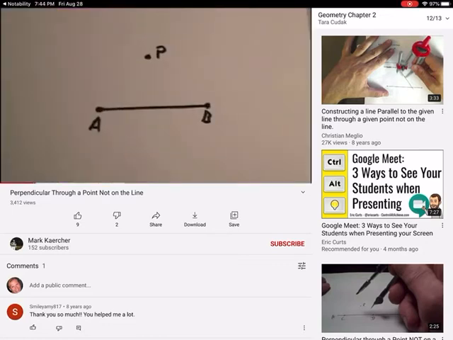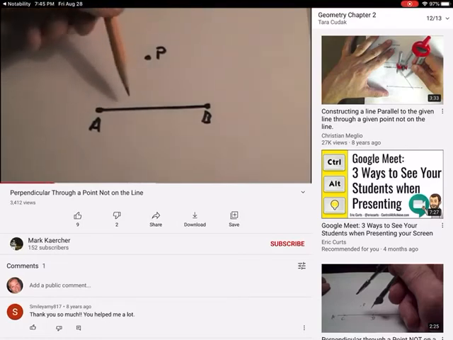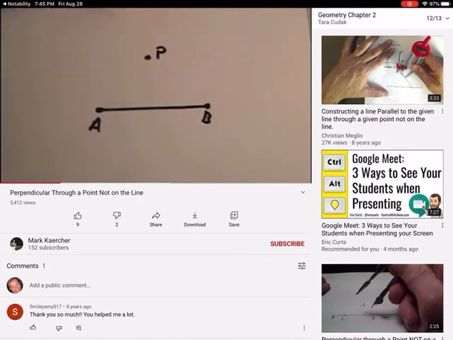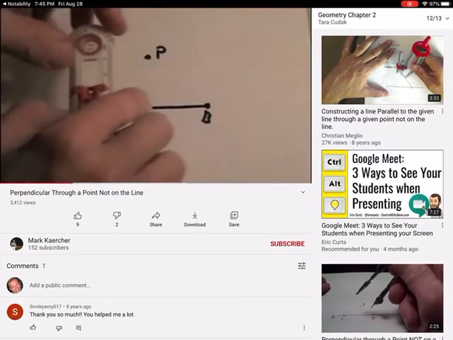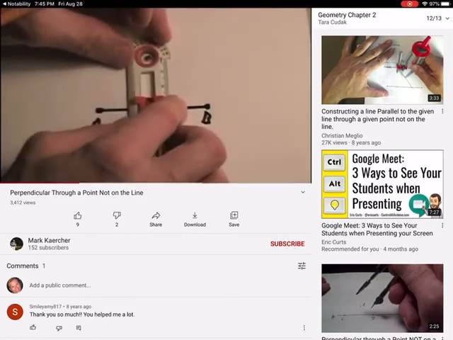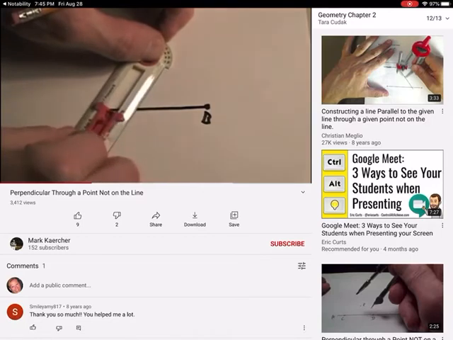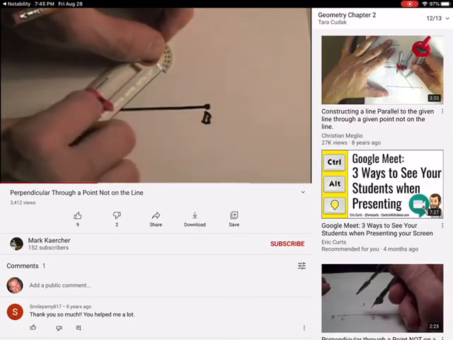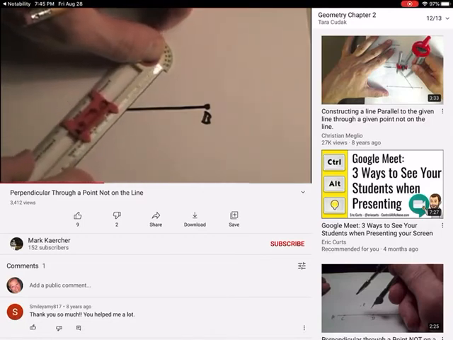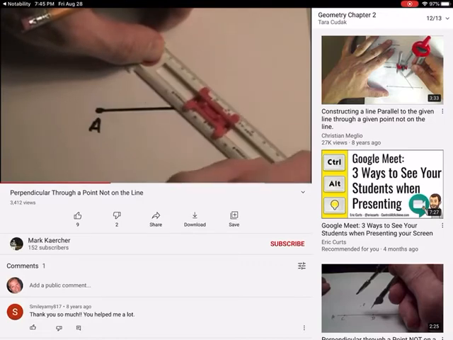I'll show you how to construct a line perpendicular to a given line through a given point, not on the line. So I've actually got line segment AB with point P above line segment AB. So we'll start with the compass on point B. I'm going to draw an arc that starts over on the left side of the segment, goes underneath, and comes up on the right side.